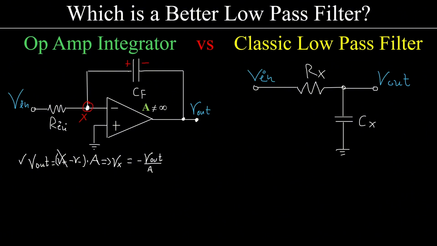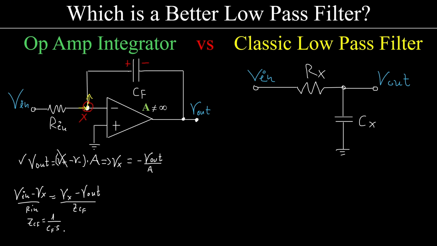Now, I will say that a current flows inside this node and a current flows outside this node. I take nothing but a KCL here, so the current flowing inside is equal to the current flowing outside, which is the voltage difference over the impedance or the resistance. How much is the impedance of the capacitor?